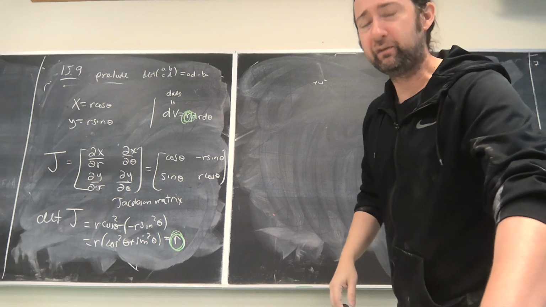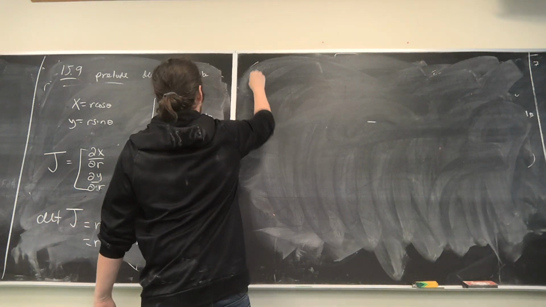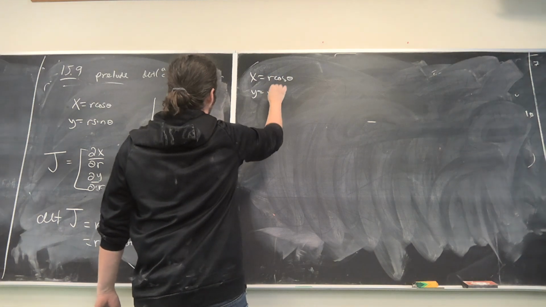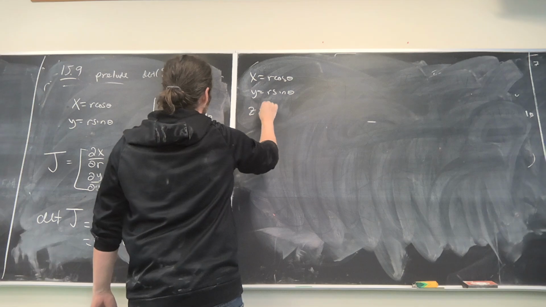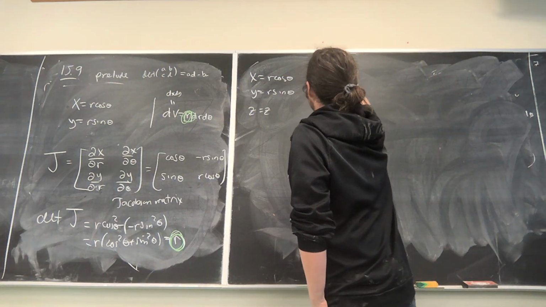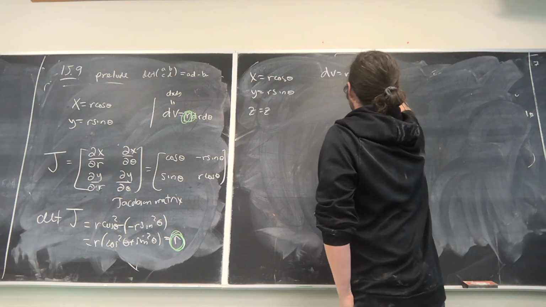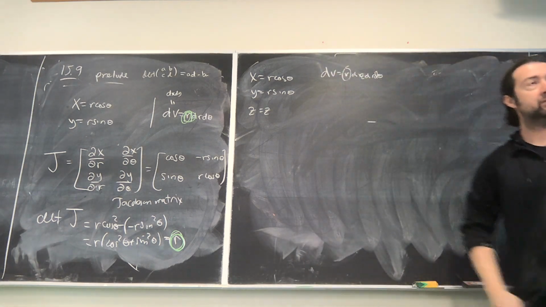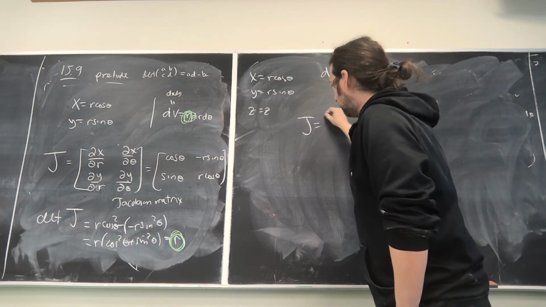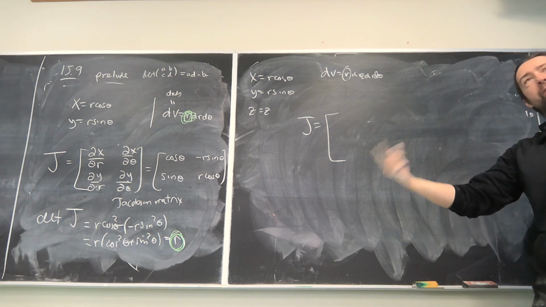Because you shouldn't believe that this is necessarily the case, right? If I wrote down cylindrical coordinates, x is equal to r cosine theta, y is equal to r times the sine of theta, and z is equal to z, that's dv equal to r dz dr d theta. Again, there's an r there. If I calculate my matrix of first derivatives, now there are 3 variables output and 3 variables input.